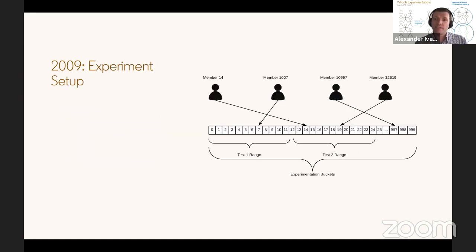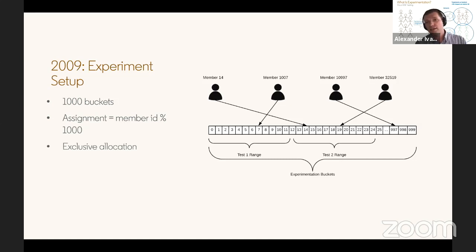This is what the experiment setup process looked like. All the members were split into 1,000 different buckets. And the process of assigning a member to a bucket was using this formula. The assigned bucket ID was equal to member ID modulo 1,000. And each bucket was used exclusively for each A/B test.